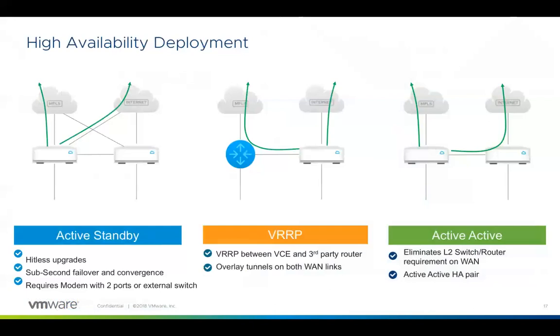Note that even for the enhanced HA option, traffic, from a flow perspective, still does not flow across both edges. All of the active flows are actually on the active edge. And we're simply using the standby edge to establish the second overlay.